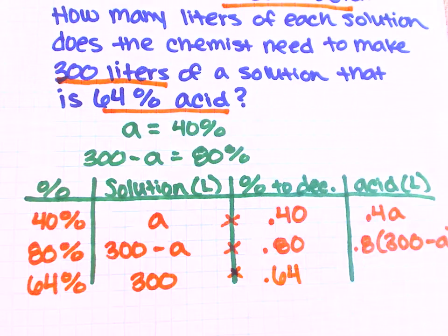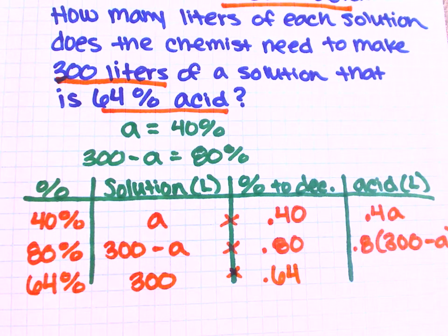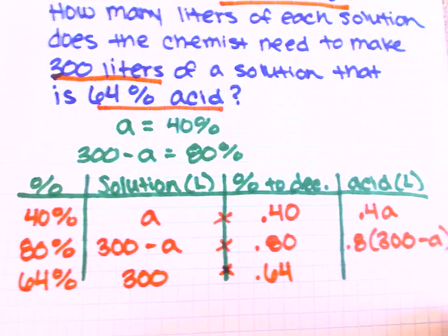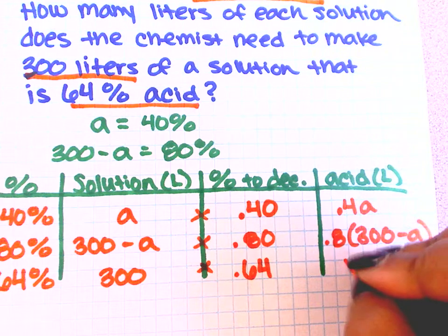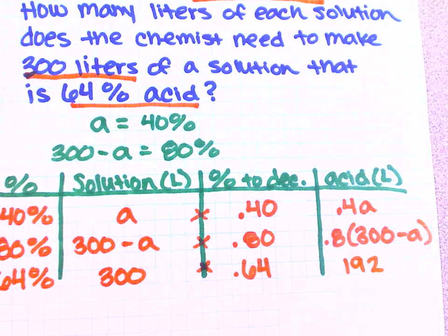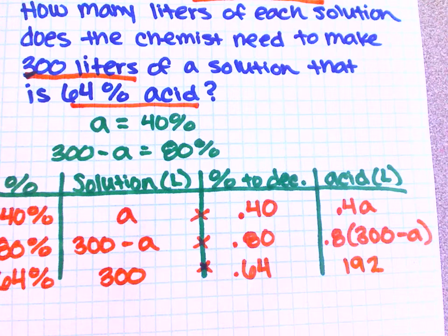Move the decimal place over twice. Now you're going to multiply 300 times 0.64. I'll do it for you. It's 192. You just simply multiply and count the decimal places. You get 192.